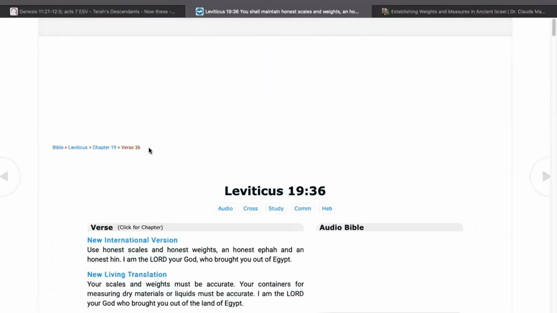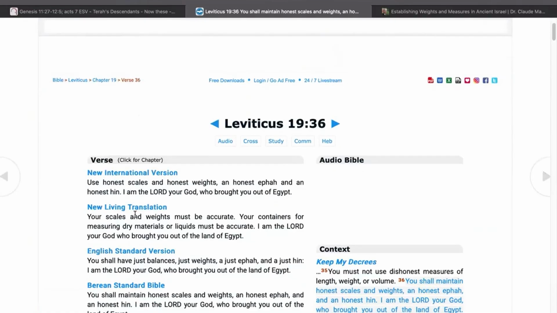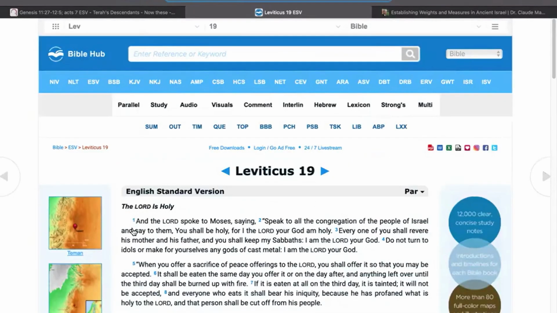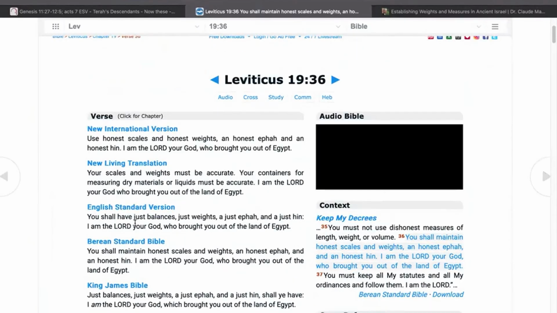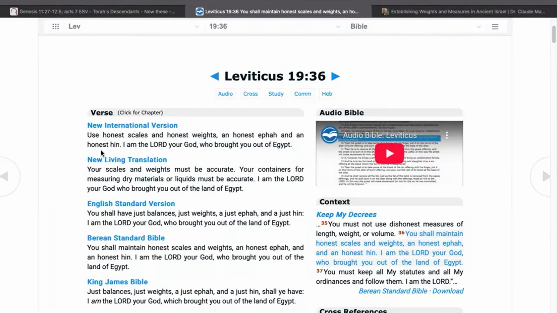It's going to give you that verse in a bunch of different English translations. The NIV, the New International Version, says, use honest scales and honest weights, and honest ephah and honest hin. I am the Lord your God who brought you out of Egypt.